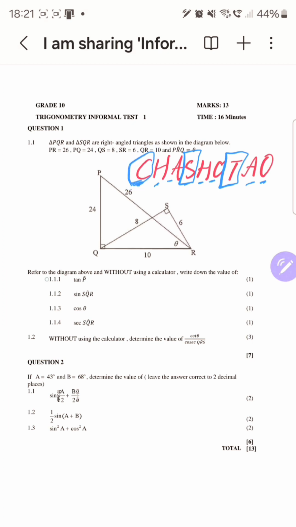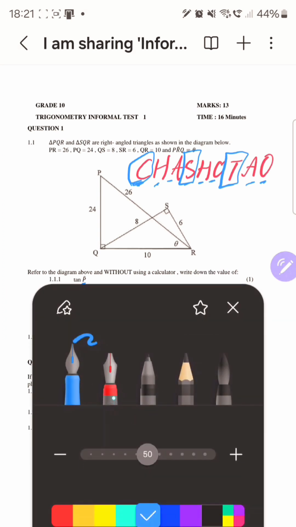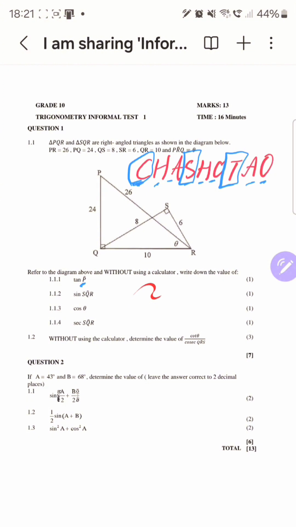Now let's check. Refer to the diagram above. Without the use of a calculator, write down the value of tan angle P. So you look at where your reference angle is. Angle P is right here, in triangle PQR.